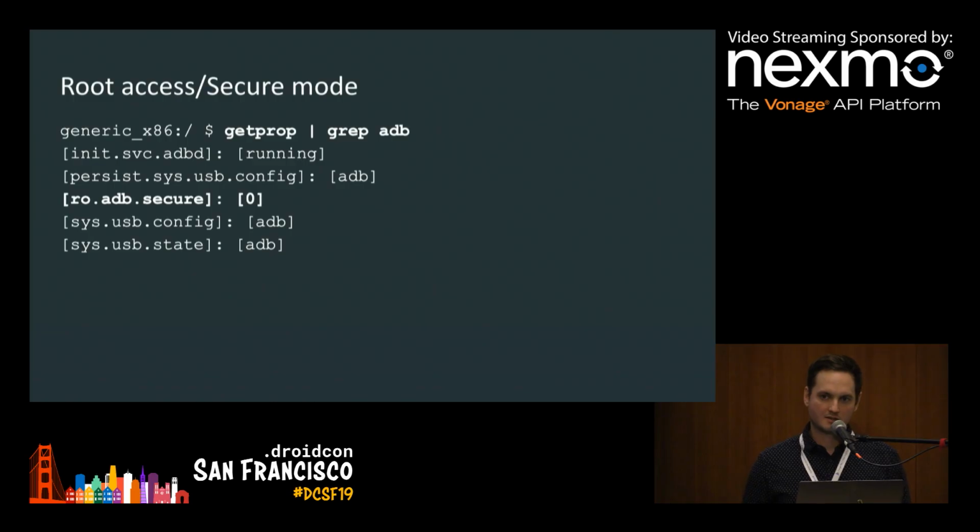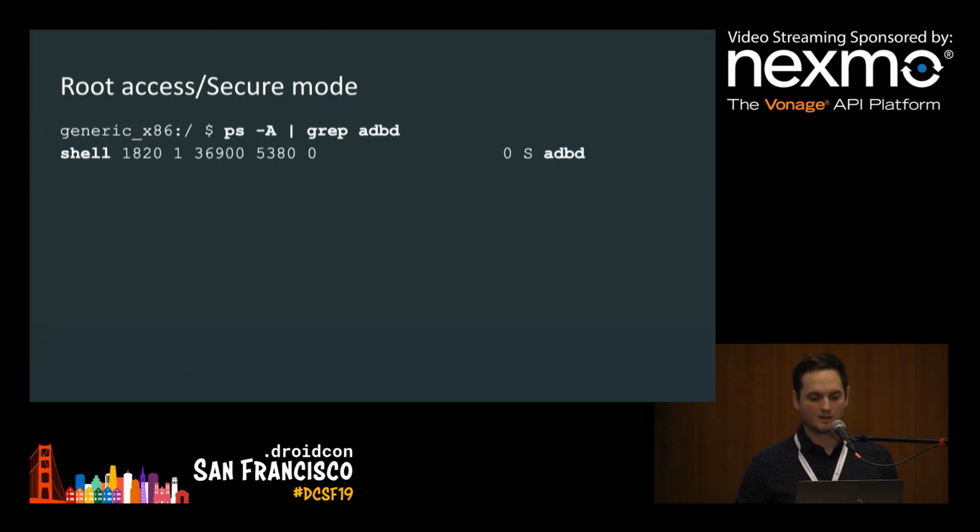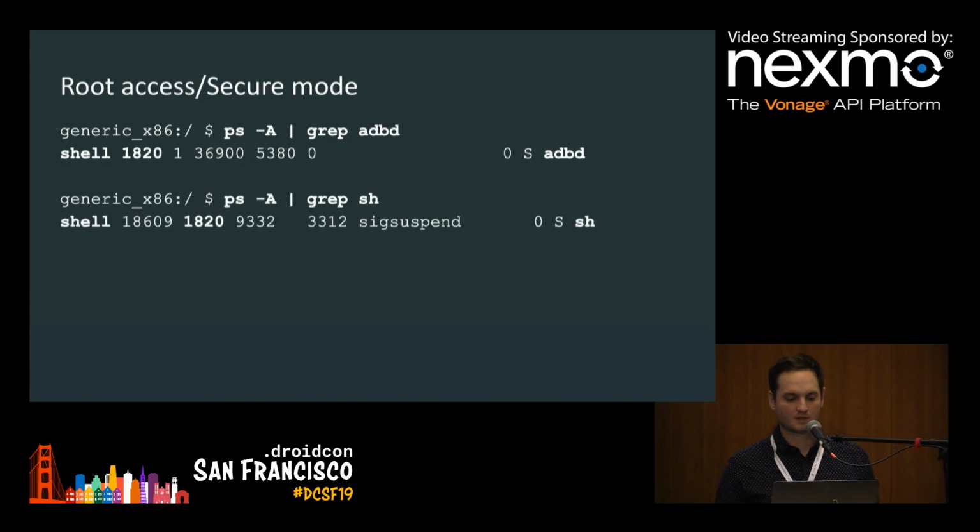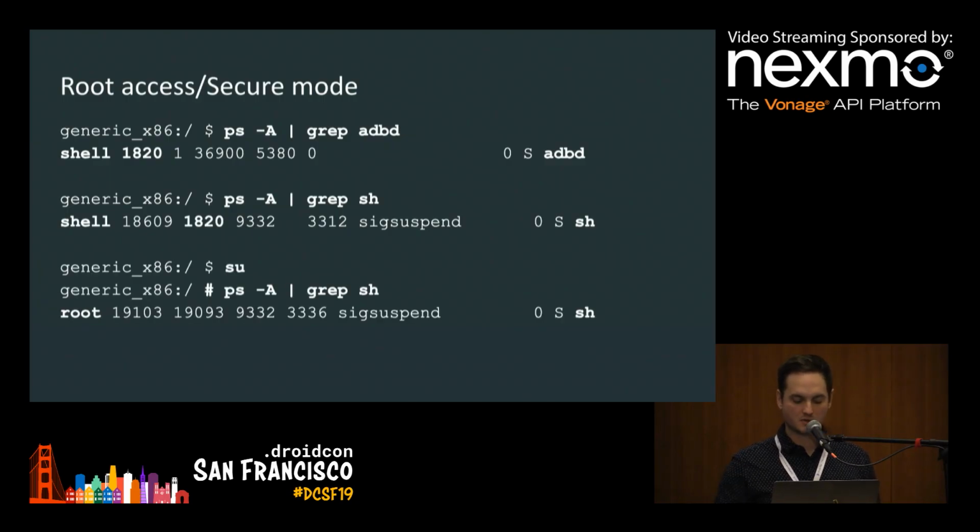But it's not the case on the emulator. On the emulator, ADB runs in insecure mode, so it allows us to switch user to root. If we are not yet root on an emulator, we're running as shell, and our shell is run by the user shell as well. But if we choose to switch user to root, now all of a sudden we're running as root.